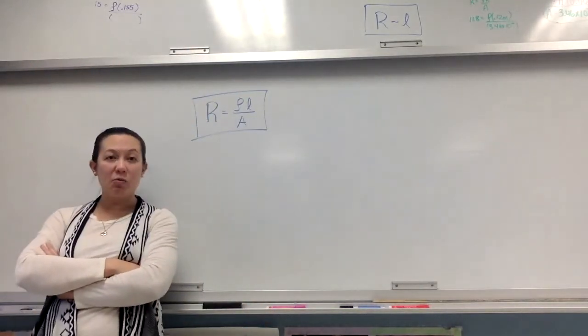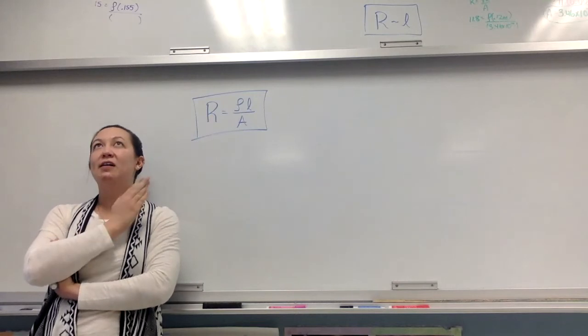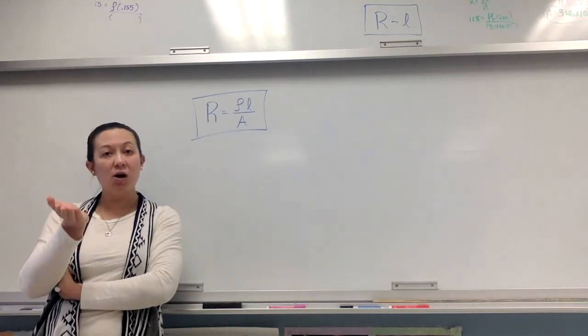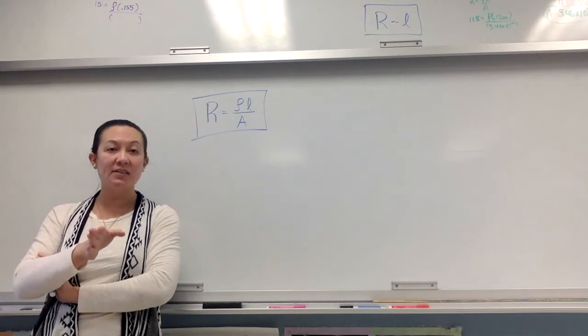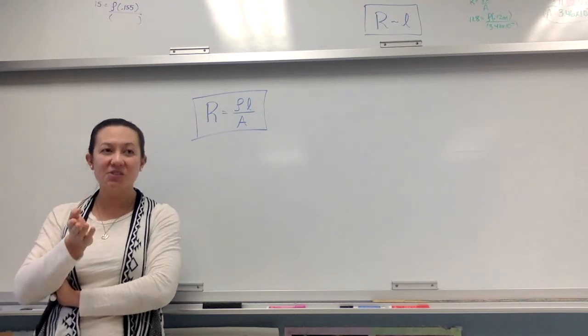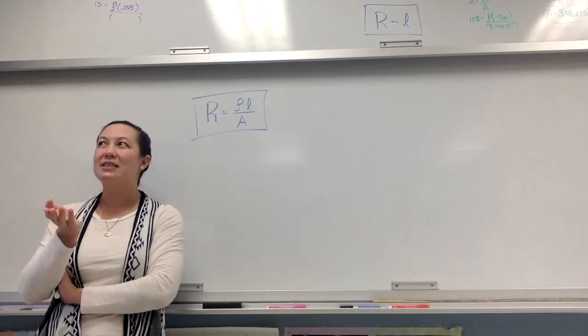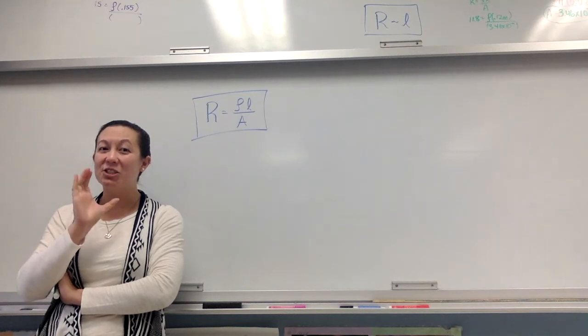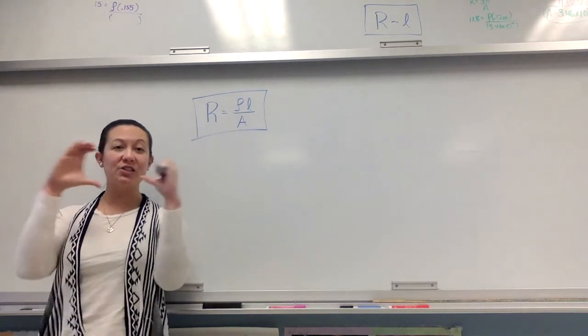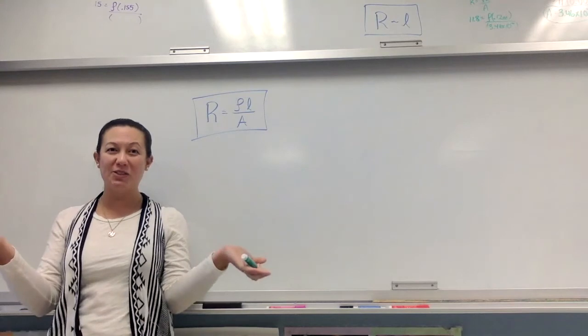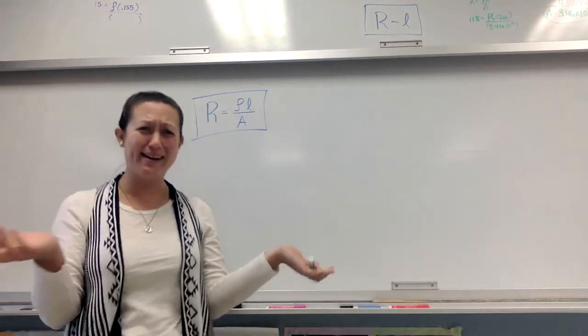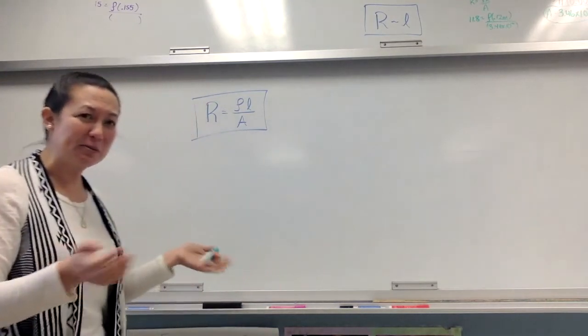So how about we try one more? We have rho L over A, but you also know in your lab that the cross-sectional area is going to be a circle. When we make wires, it just makes sense to make the area a circle. It's easier to extrude circular wires than it would be to do weird things like, I don't know, pentagons or rectangular prisms.